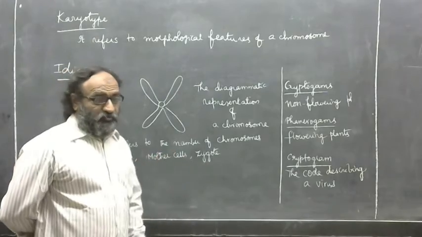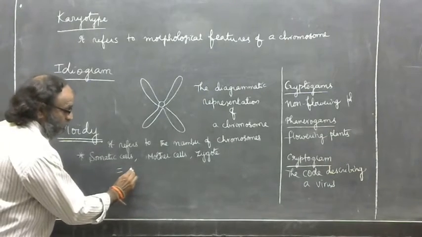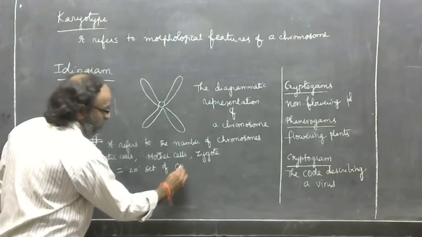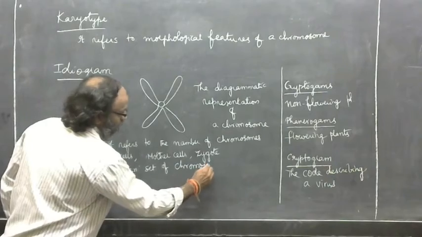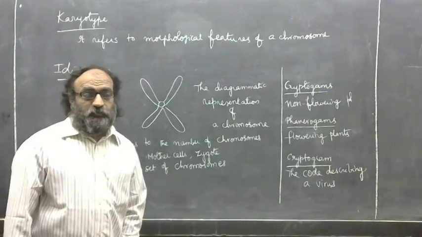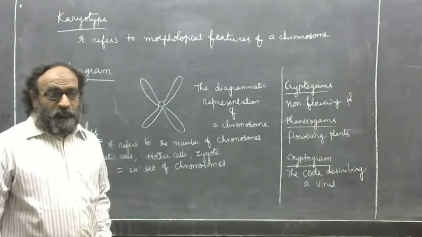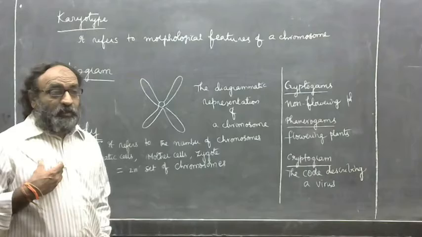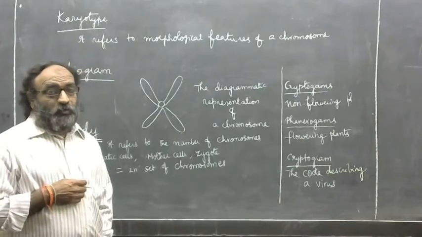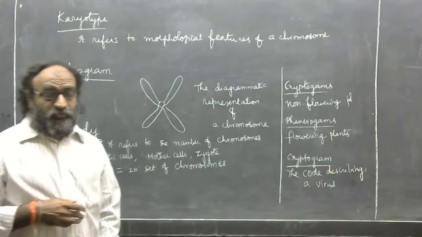In all these cases, you can see a 2n set of chromosomes. When a human cell has 46 chromosomes, it is a 2n set of chromosomes.